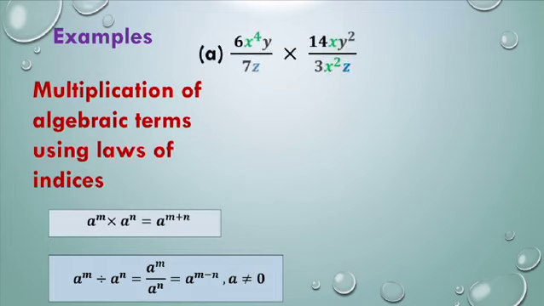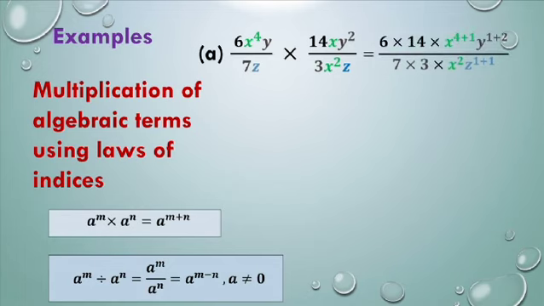Part A, 6x power 4 y over 7z times 14xy square over 3x square z. So I have kept all the numbers together, 6 times 14. I have grouped the x's together, x power 4 times x. So using multiplication law, I have x to the power of 4 plus 1.